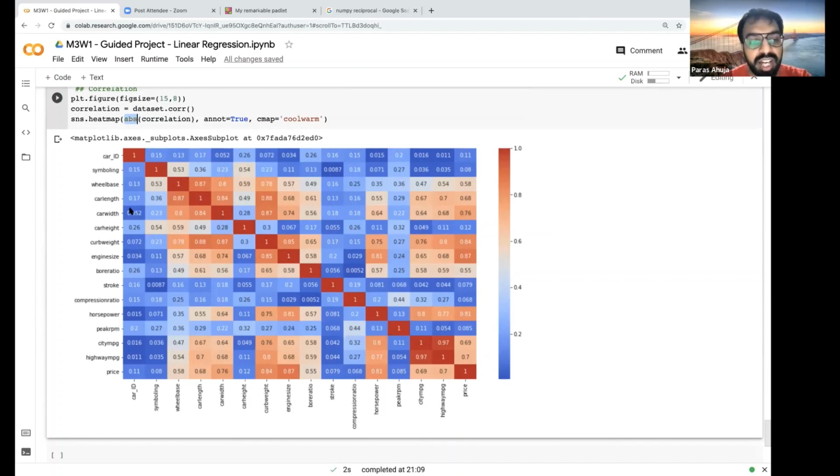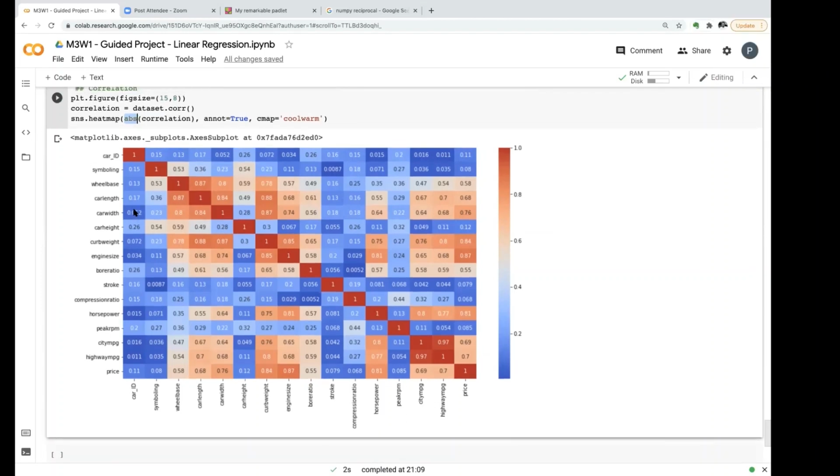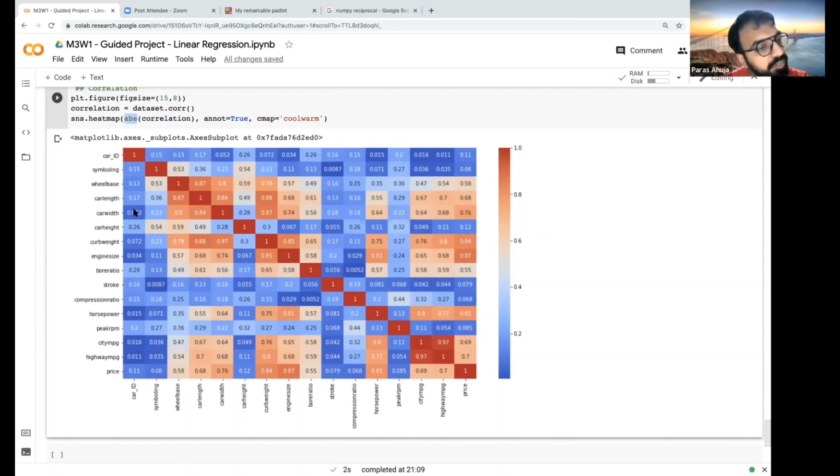Can I do something for car length and car width? You can multiply them, or you can add them. Cost will be dependent on area.